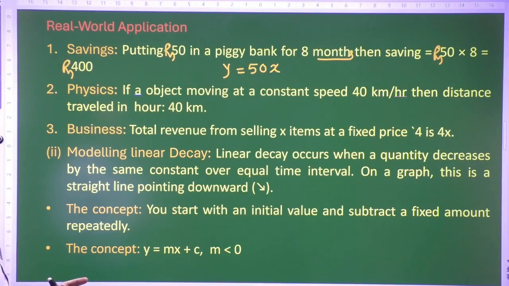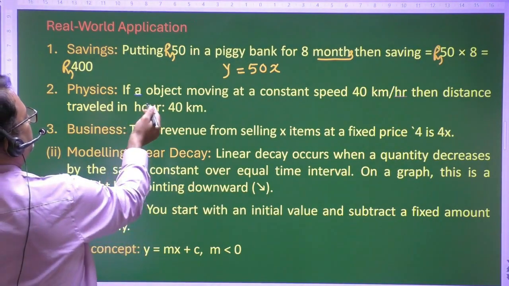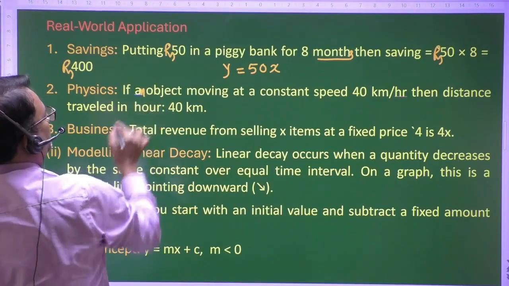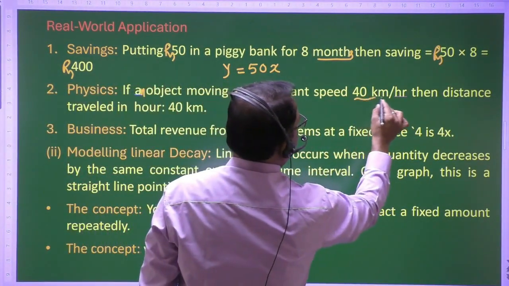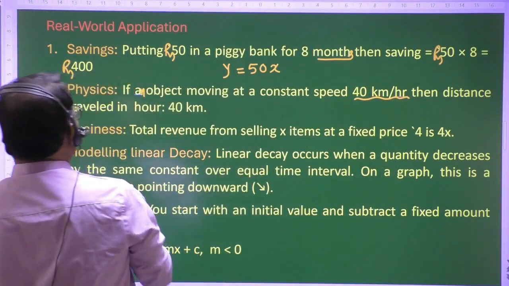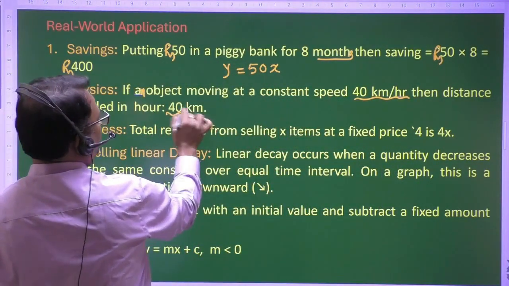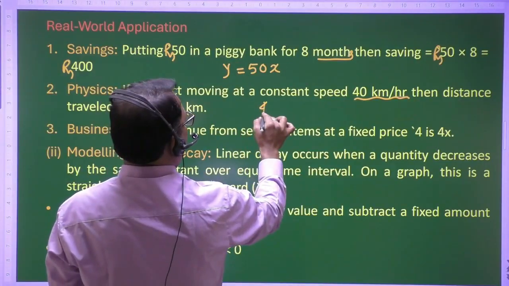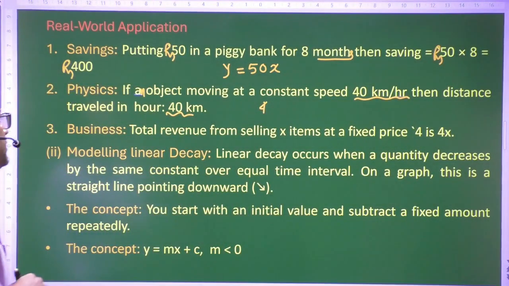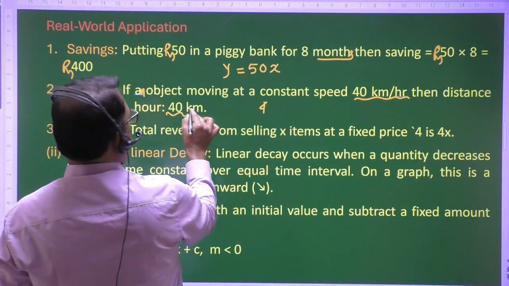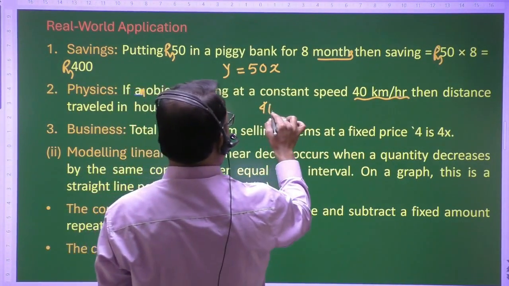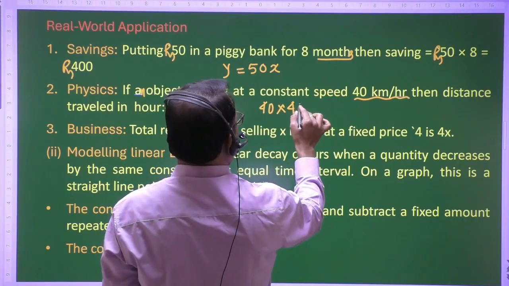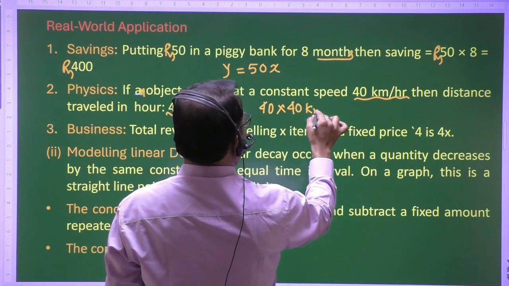Similarly in physics, if an object is moving at a constant speed of 40 km per hour, then the distance traveled in 4 hours will be 40 times 4 kilometers.